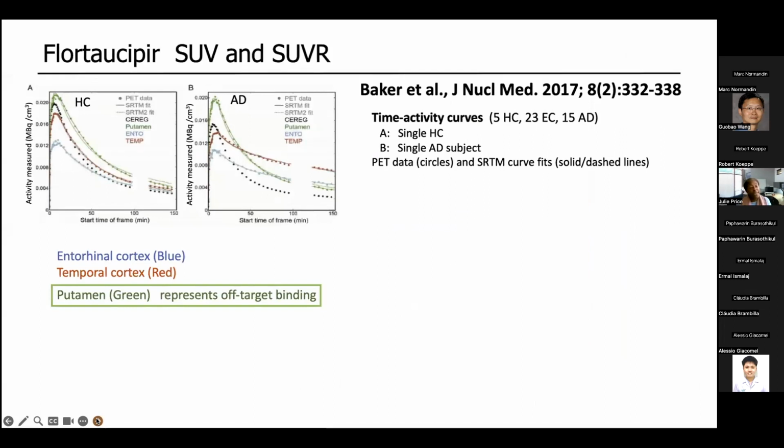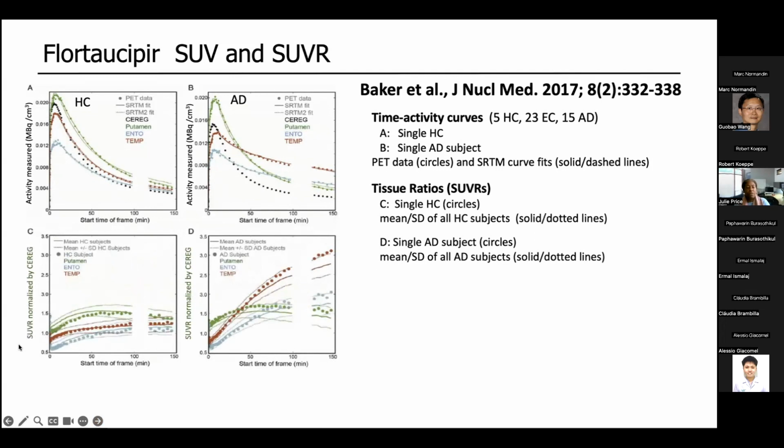Moving along, we look at our time activity curves. This is showing the putamen off-target binding and how it looks relative to other regions in a healthy control. But in an AD subject, you can see that the putamen signal is quite different than in a tau-rich cortex area, and relative to the cerebellum, which is shown in black, that has the greatest clearance.